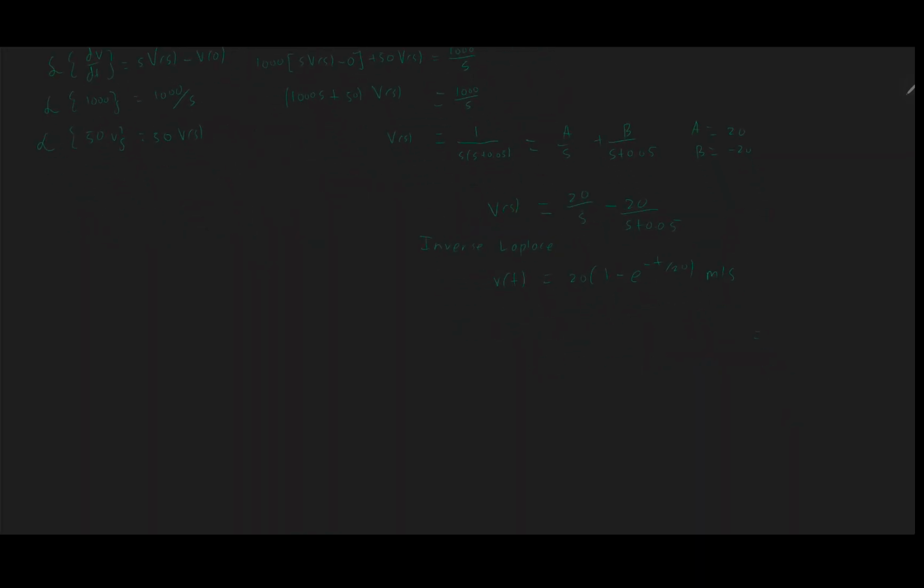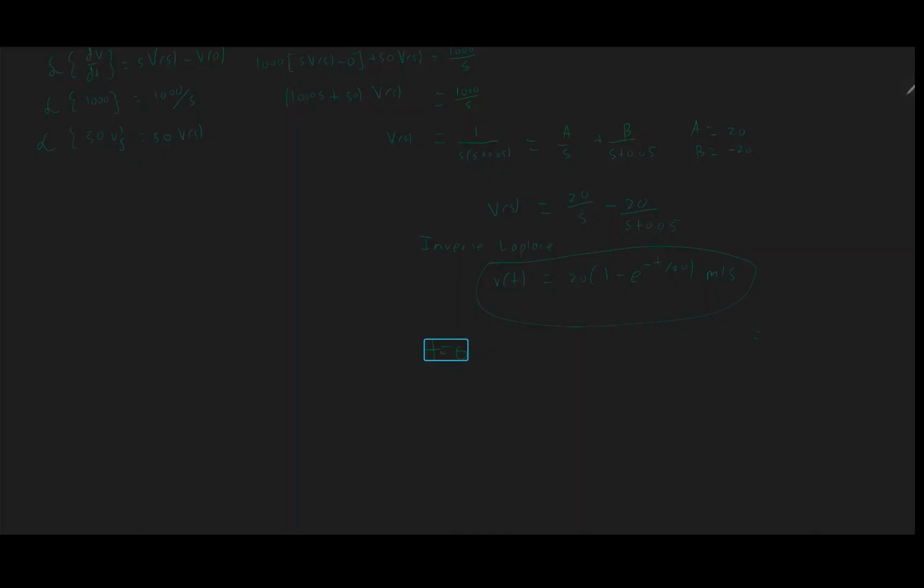And now what does this result mean? Well, what this equation means is essentially, given a particular time, we can calculate what the velocity of the car would be at that time. So for example, let's say we start at t equals 0.